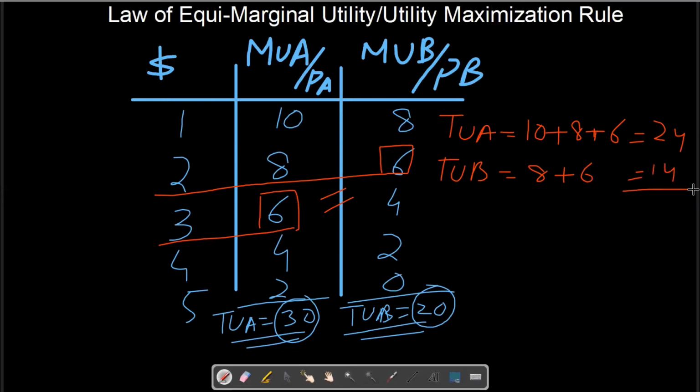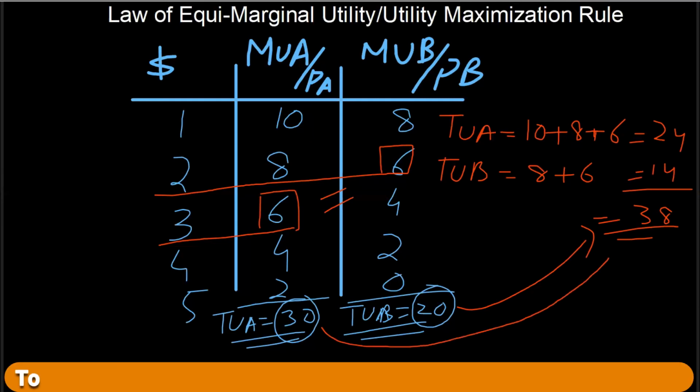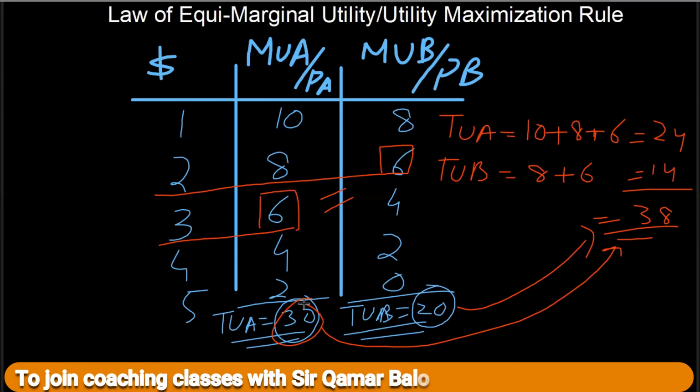And his total satisfaction from products A and B is 38 units. So 38 is definitely greater than the individual utility of product B, that is 20 units, and the individual utility of A as well, which is 30 units. And there is no other way to get utility more than 38 units.